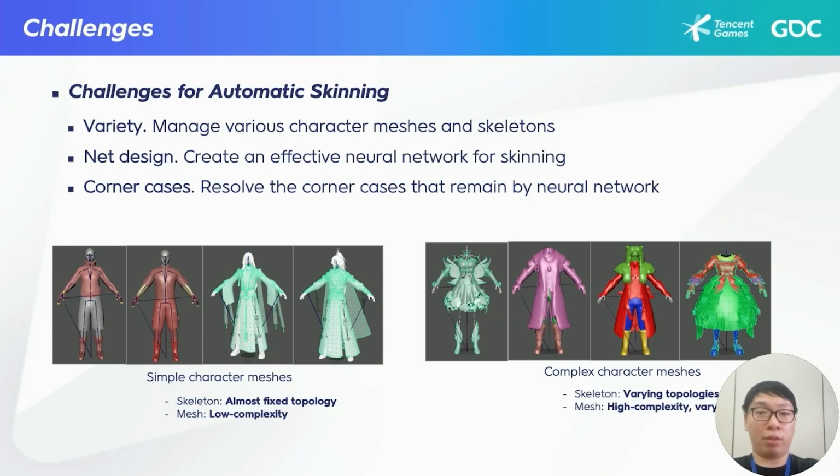Secondly, due to its complexity, it's not trivial to effectively construct a neural network to accurately predict the skin weight. Finally, neural networks inevitably incur corner cases, which need to be taken good care of to improve the automation. Let's see how GoSkinning is tackling these challenges.